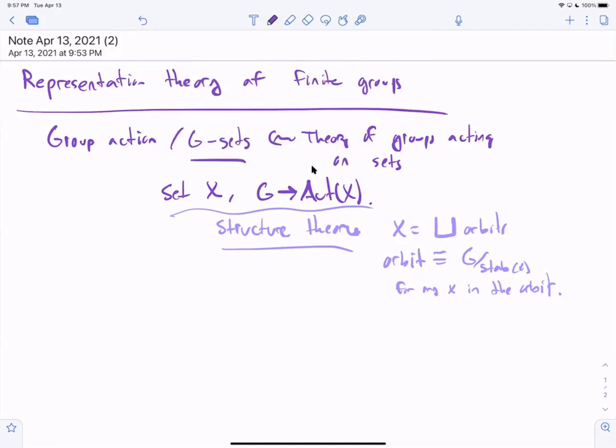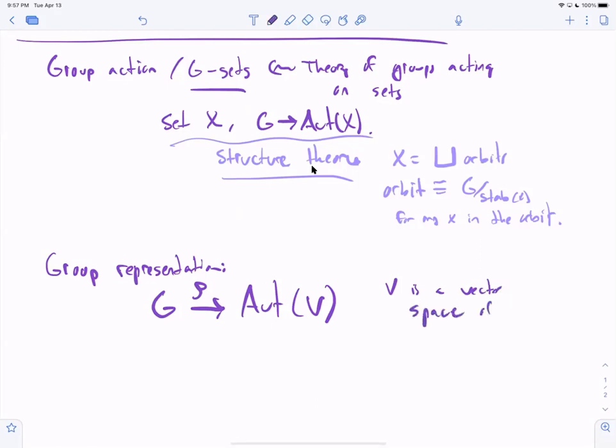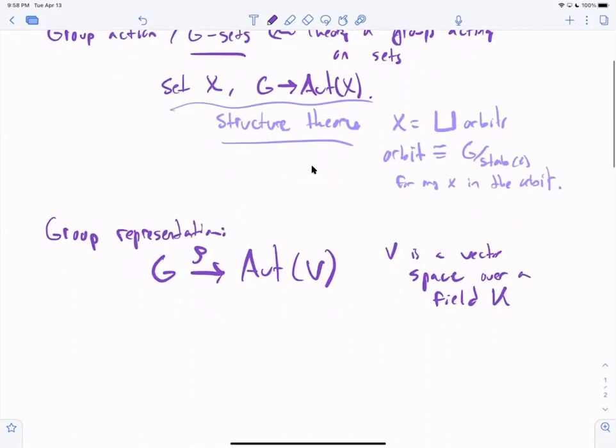but for representations. So a group representation is a map from G, a group, to GL(V), which we call rho, where V is a vector space over a field K. Sometimes we write the automorphisms of V as the general linear group of V. So GL_n is the vector space automorphisms of K^n.